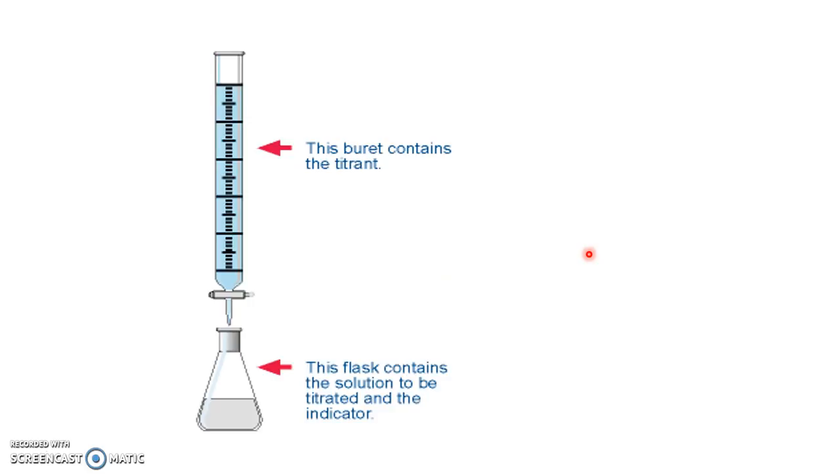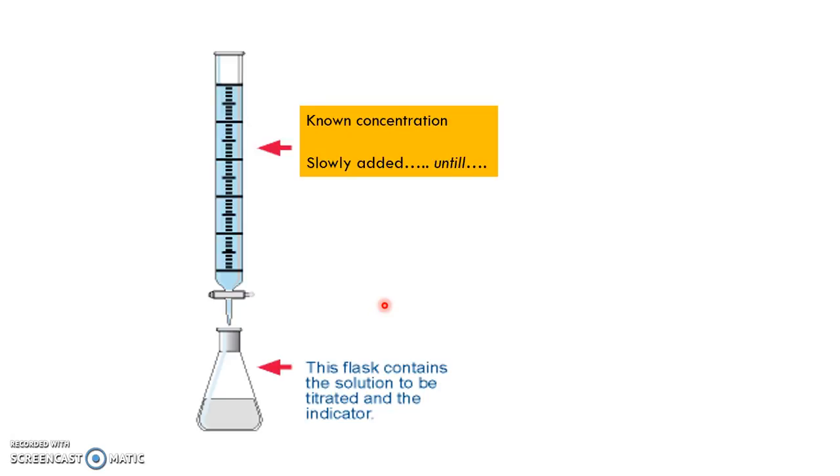Now looking at titration, a titration would have a burette containing the titrant and a flask containing the solution to be titrated with an indicator. The titration method can be used to calculate an unknown concentration. Titration starts with adding a known concentration solution into the solution to be titrated.